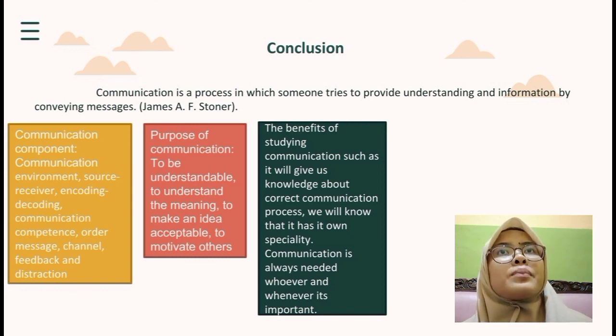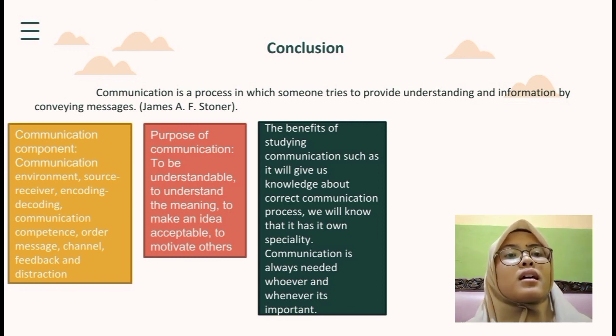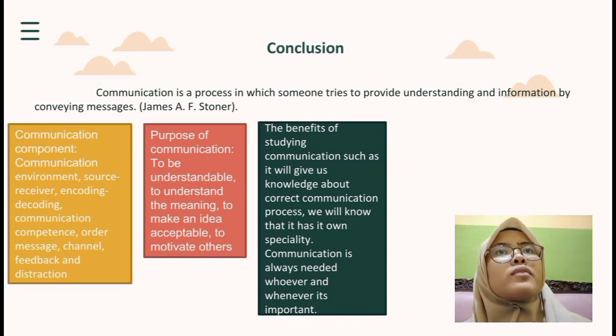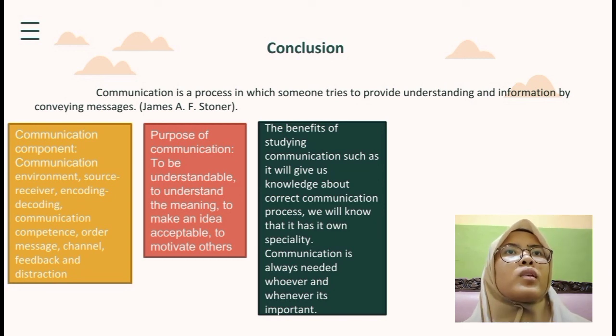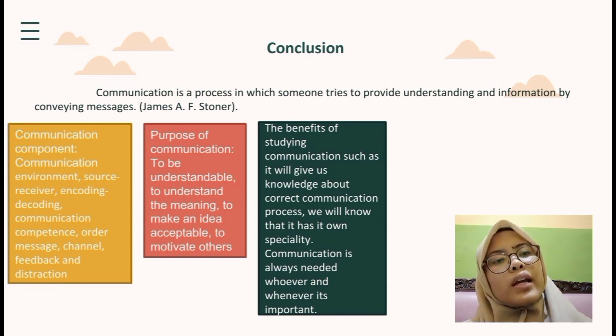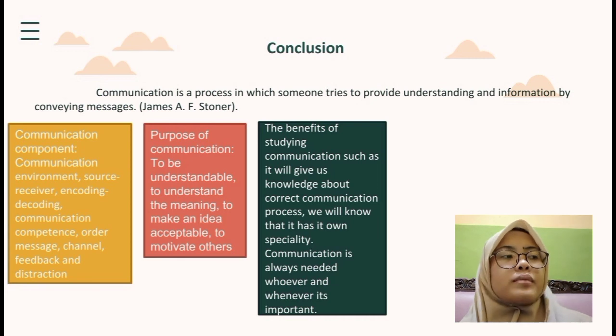Furthermore, the purposes of communication are to be understandable, to understand the meaning, to make an idea acceptable, and to motivate others. Then, the benefits of studying communication are that it will give us knowledge about the correct communication process. We will know that it has its own specialty, and communication is always needed whoever and whenever it's important.